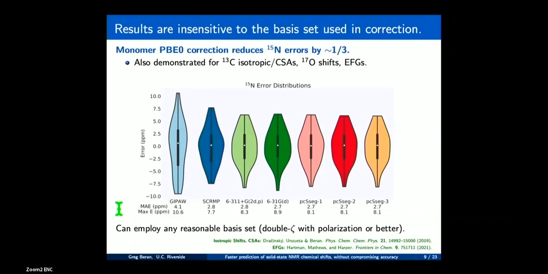I mean, so in the neural network, first off, I agree. I think one of the reasons going to higher level wave function or density functionals isn't necessarily improving is we're starting to hit the limits of what you can get without accounting for things like the vibrational averaging and zero point and so on. So I absolutely agree there. As far as the neural network, in terms of the training, our training calculations were all DFT.